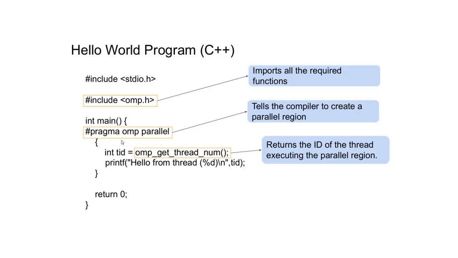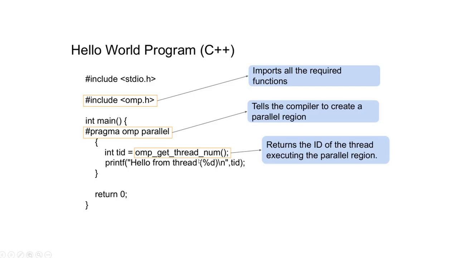So now if there are 24 cores available to a computer, 24 threads will run. That means this printf will be printed 24 times.